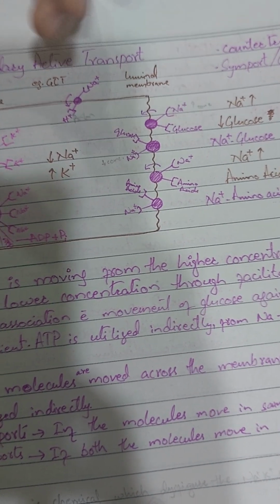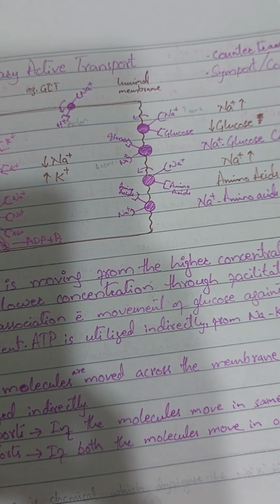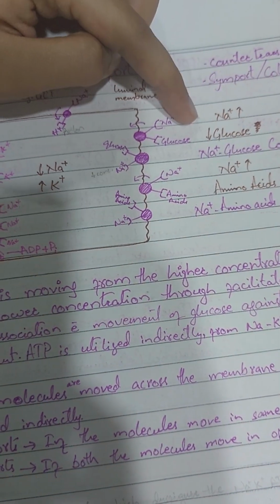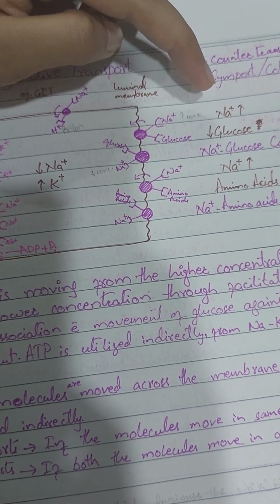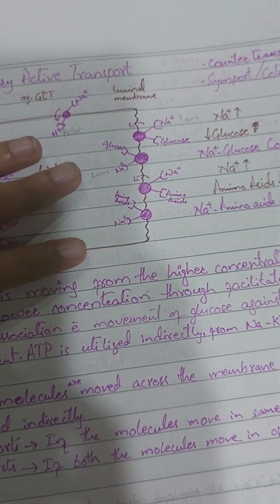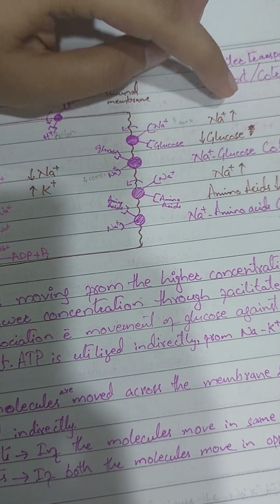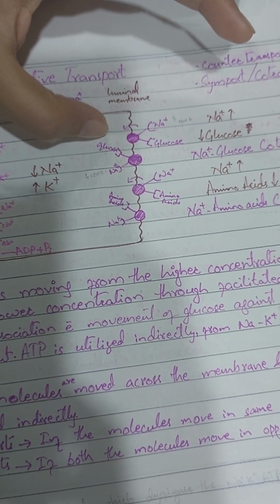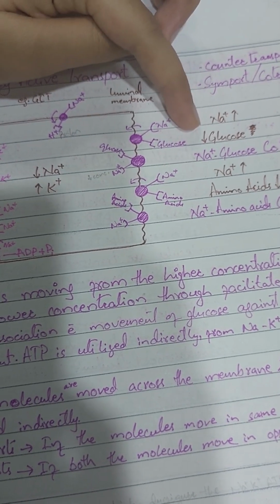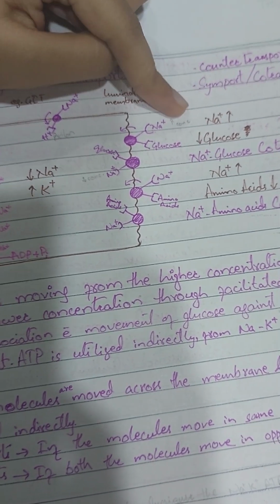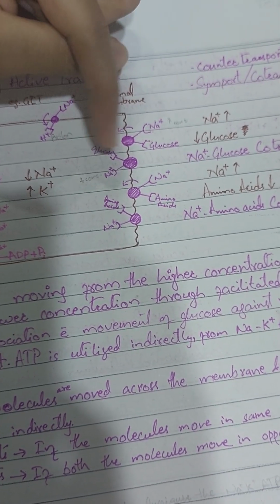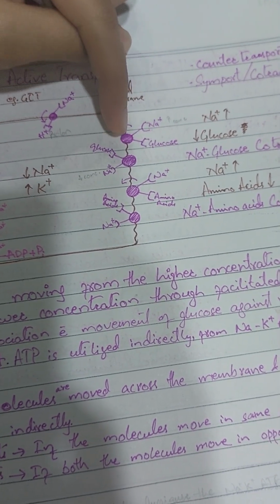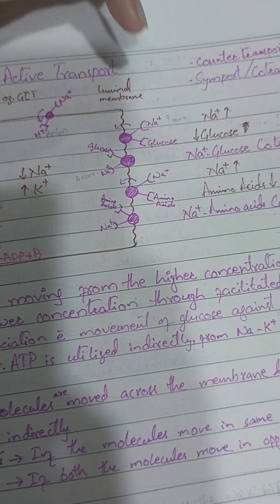absorbed and the cell still wants to absorb more, so glucose concentration is low outside the cell and higher inside the cell, but the sodium concentration is higher outside and low inside the cell. So sodium will move from the higher concentration towards the lower concentration through this protein transporter.